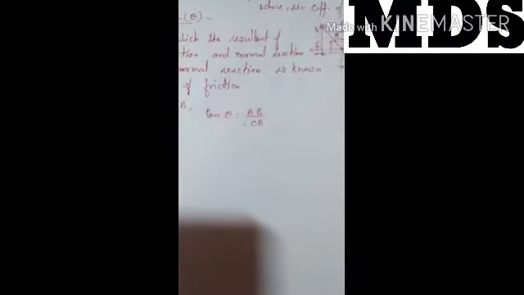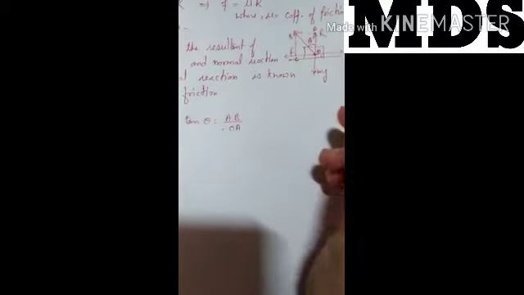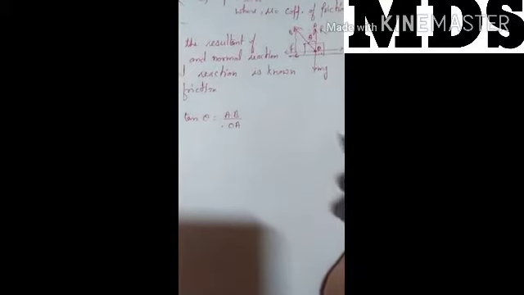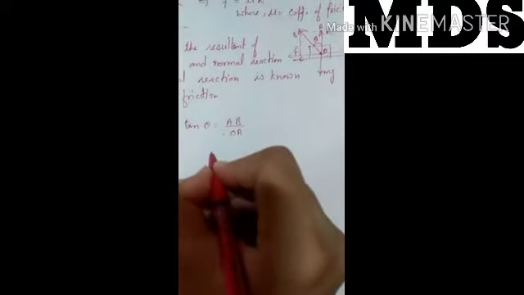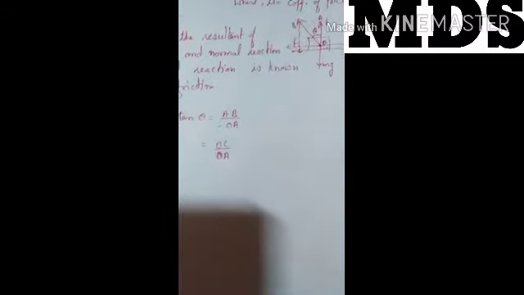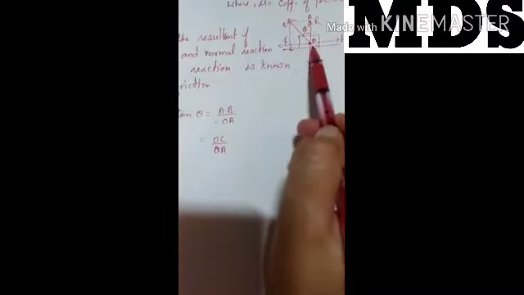Similarly in triangle OBC we can write OC by OA. Clear? Because AB equals OC.